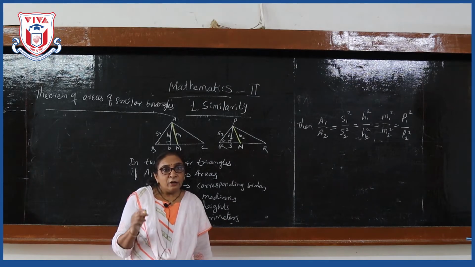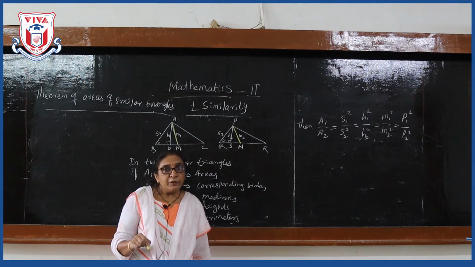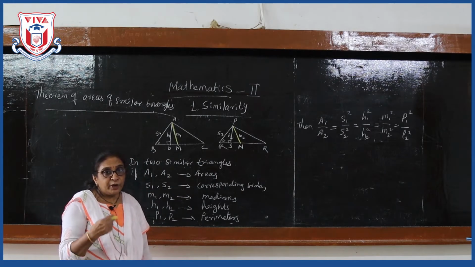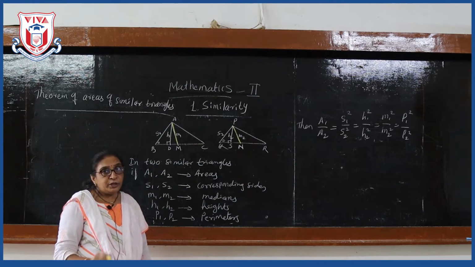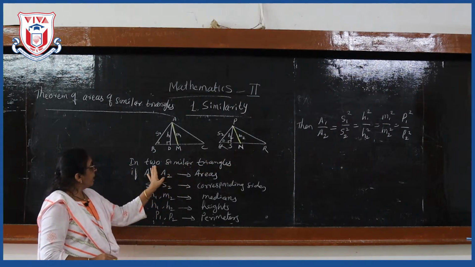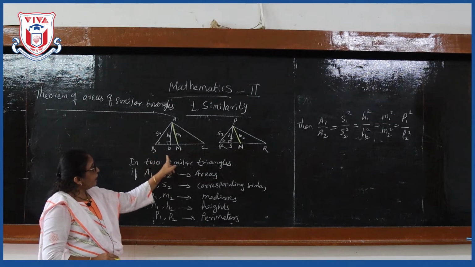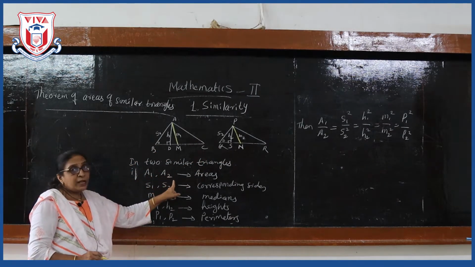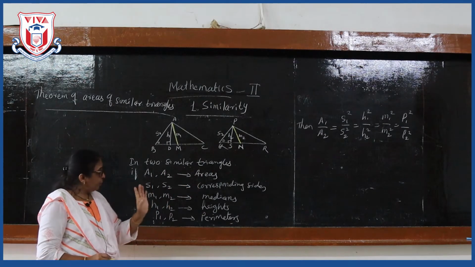Now children, along with the theorem of areas of similar triangles, you have to keep in mind one more statement. Now see, we are considering triangle ABC and triangle PQR, which are similar to each other. Suppose their areas are A1 and A2.